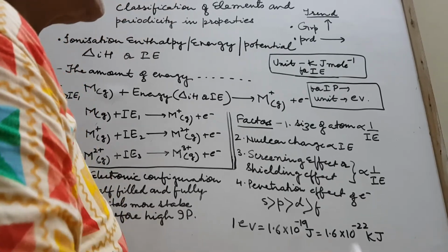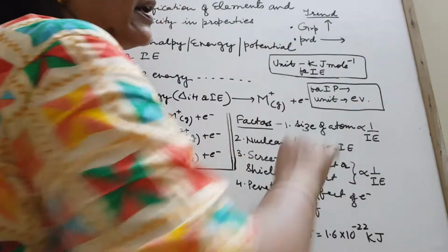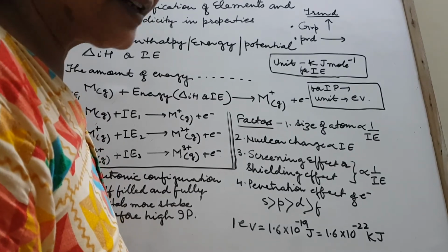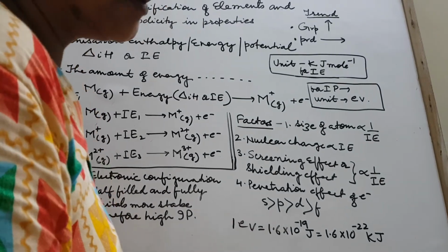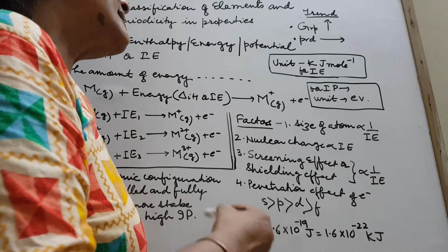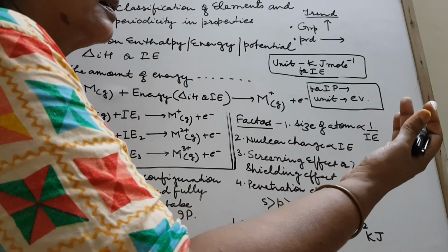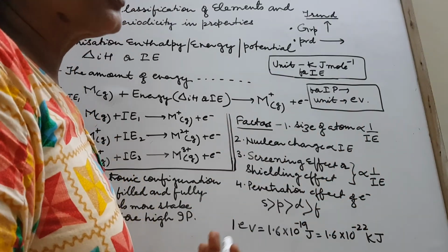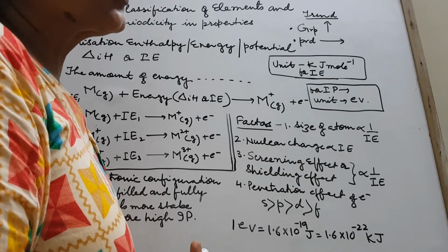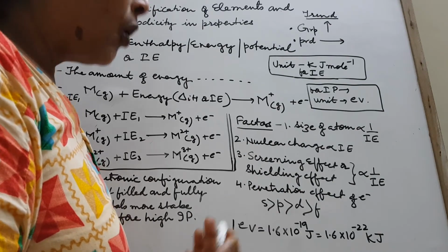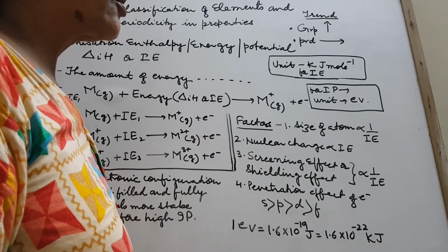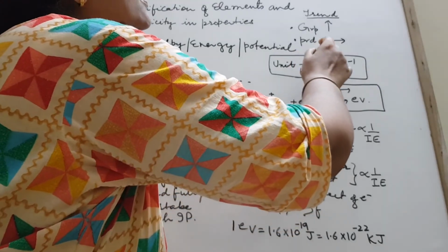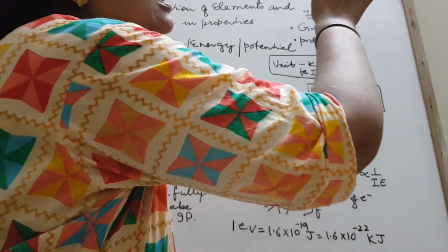In a period, when you move from left to right, we know size decreases. We have studied this in the last video. When size decreases, electrons are more under the influence of the nucleus, strong force of attraction, more tightly held, difficult to take out an electron, hence IP increases, IE increases.